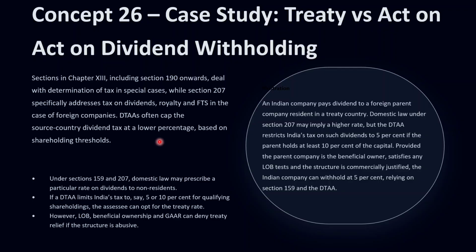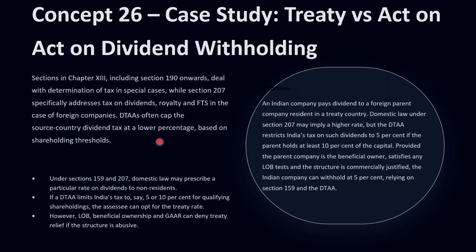And sections other than 207 cover specified incomes of non-residents and foreign institutional investors, FIIs. On top of this, section 159 empowers the government to enter into DTAAs, and it is well accepted that a non-resident can choose between the Act and the treaty and apply whichever is more beneficial.